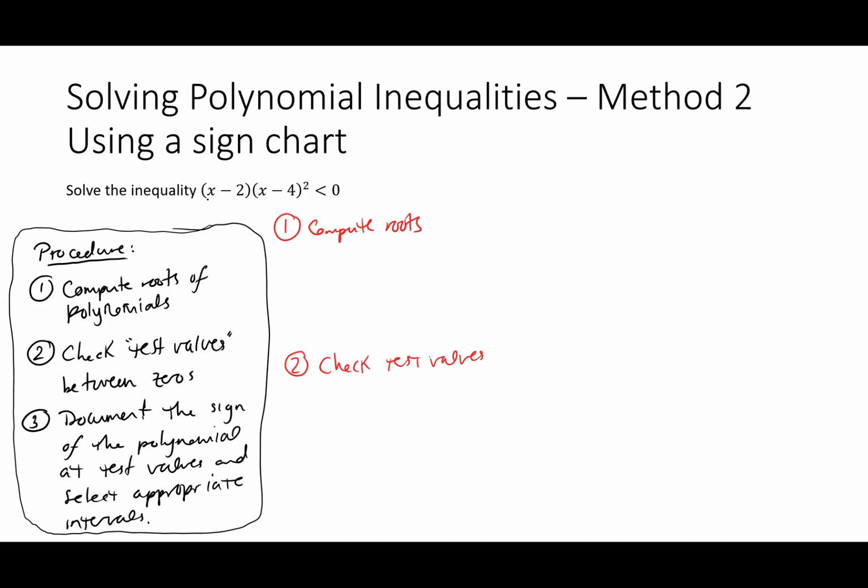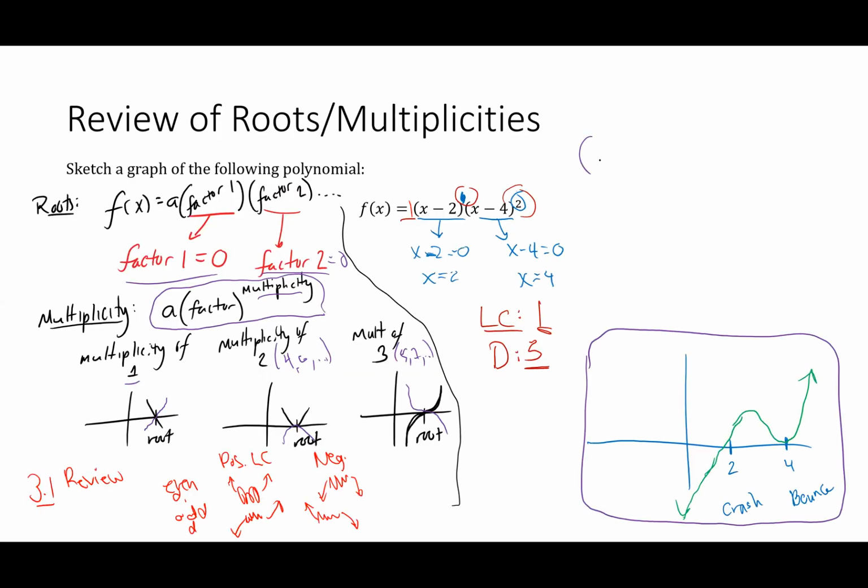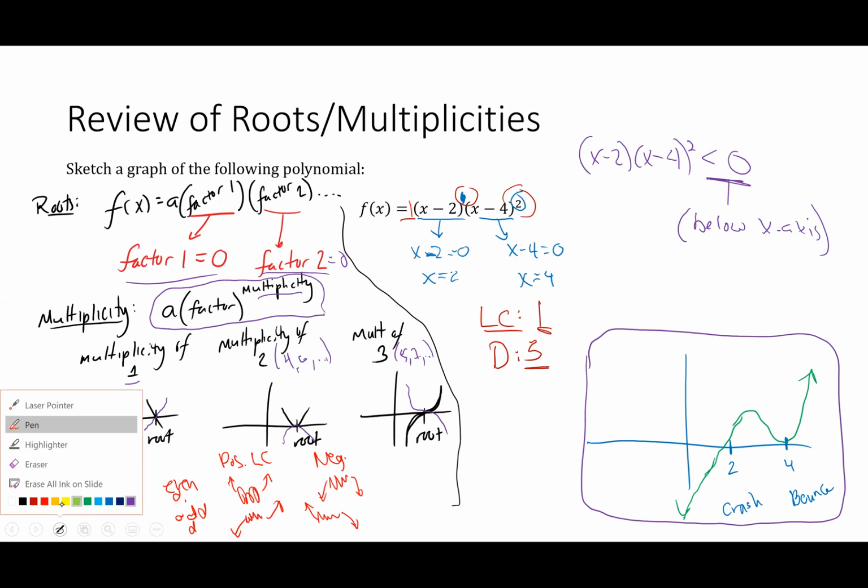So what we're saying here is this polynomial is less than 0. So if I wanted to solve this inequality, and let's suppose that I actually had this thing here, x minus 2 is less than 0. From this sketch, since it's less than 0, what I'm really saying here is below the x-axis. So where on my graph am I below the x-axis? Well, here.